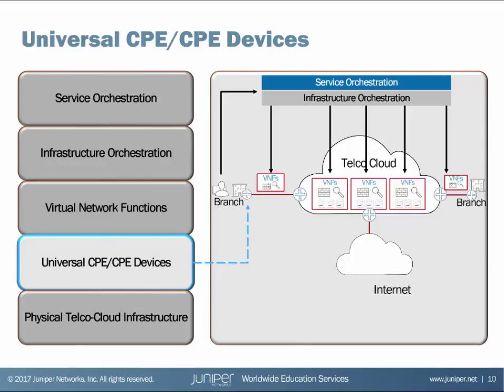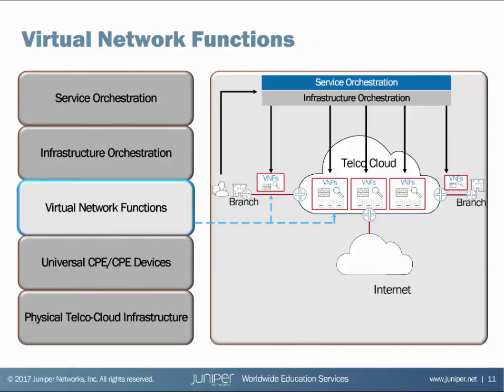And at the client side, I'm going to ship them this universal customer premise equipment, this open x86 Linux KVM hypervisor device. I ship that out there, right? Now, the virtual network functions, that's what I'd like to ideally get to. When the customer signs up, they go to a portal, they say, okay, I'm opening up this, I'm moving here, I want this type of service, I need a firewall, I need some NATing, I need some load balancing for these sites.